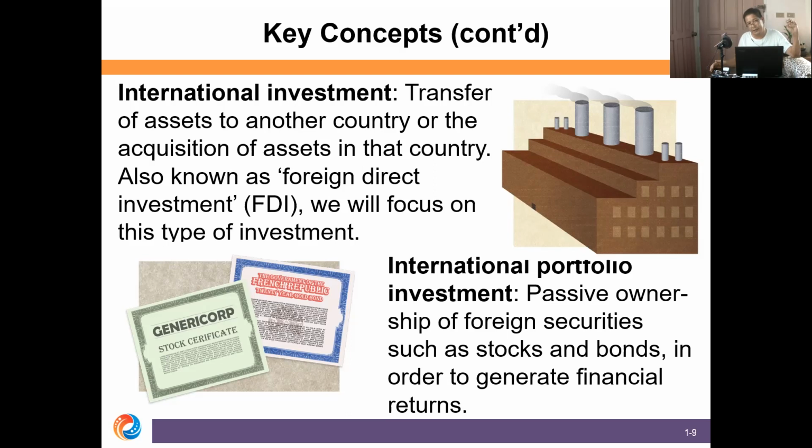The country outside trying to make business here in the Philippines, and then he acquired a certain asset or sort of building, okay, to become a warehouse or a depot of its product, then that is called foreign direct investment, and sometimes it is also called international investment.